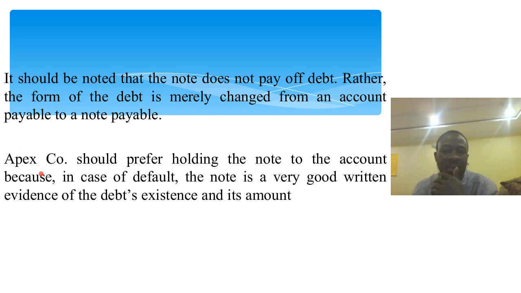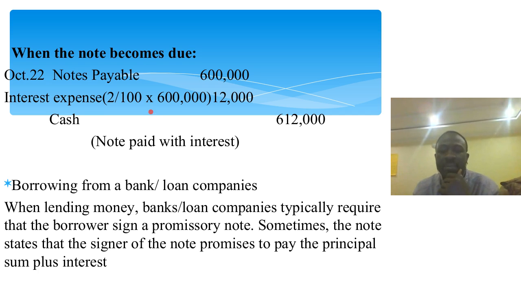Apex Company should prefer holding the note to the account, because in case of default, the note is very good written evidence of the debt's existence and its amount. So the note shows that Hard Rock Company really owes the Apex Company.